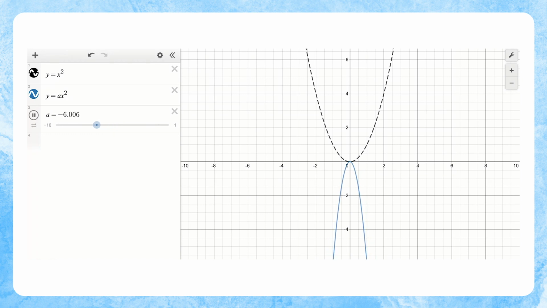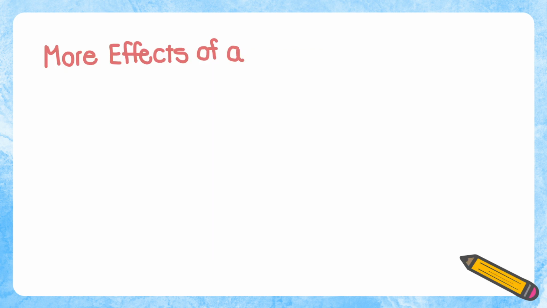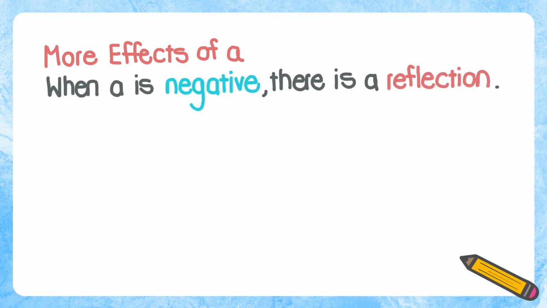There was a reflection. So aside from dilations, a tells us one more thing. When a is negative, there is a reflection. So when a is negative, the parabola flips around.